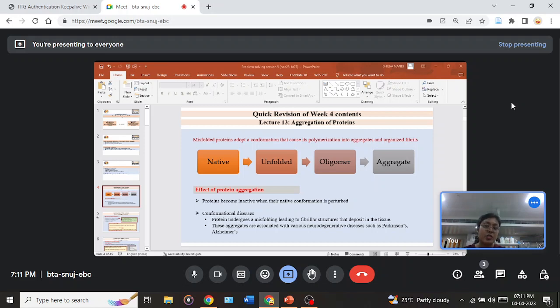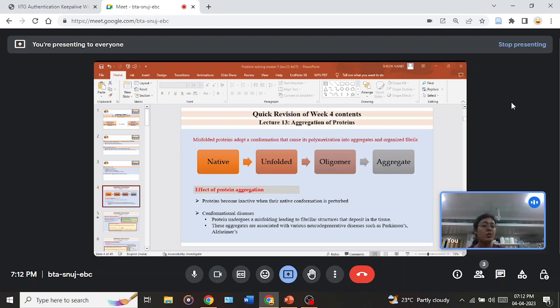So what are the effects of protein aggregation? The protein can become inactive when the native conformation is perturbed. Basically, when the native conformation changes to any other conformation, that is either the unfolded one, the oligomer, or the aggregate, it becomes inactive. It loses its functionality. Apart from this, it could lead to several conformational diseases.